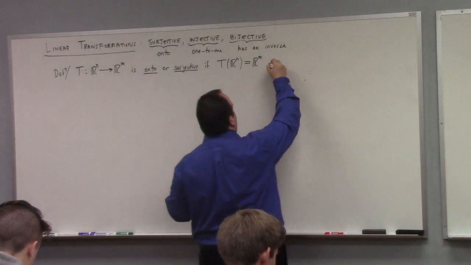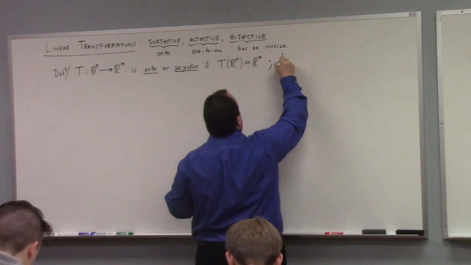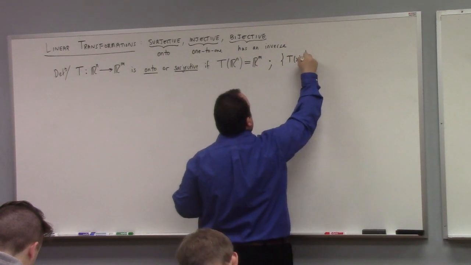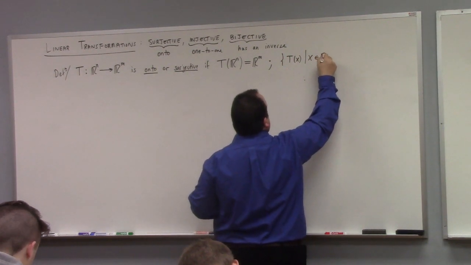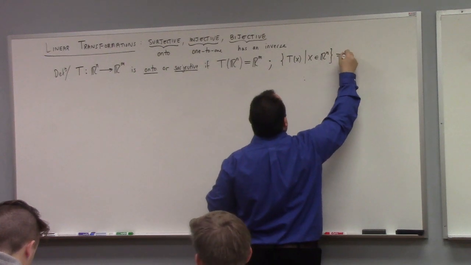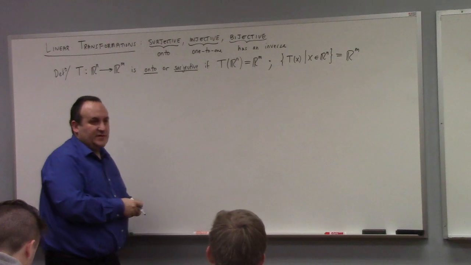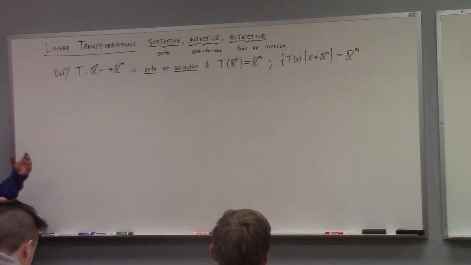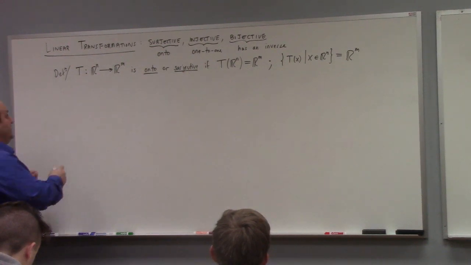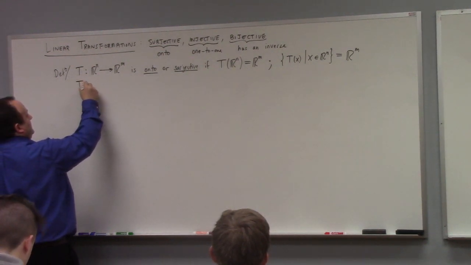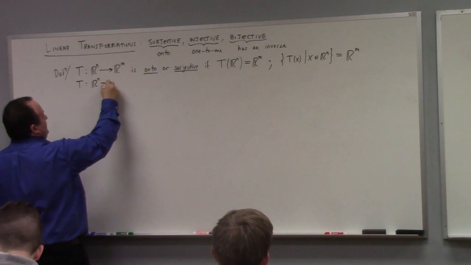In other words, if the set of T(x) such that x is in R^n is equal to R^m. That's what it means for it to be onto. It maps to the totality of the space that it's mapping into.